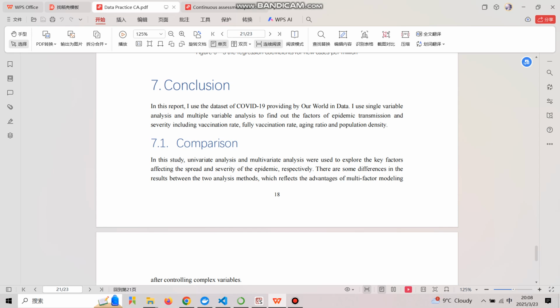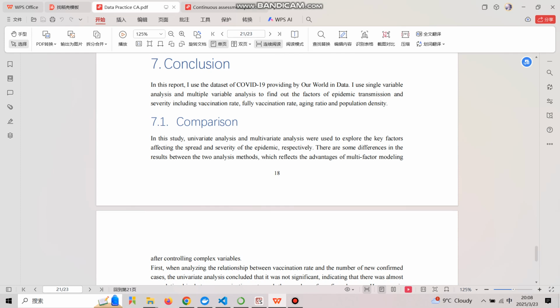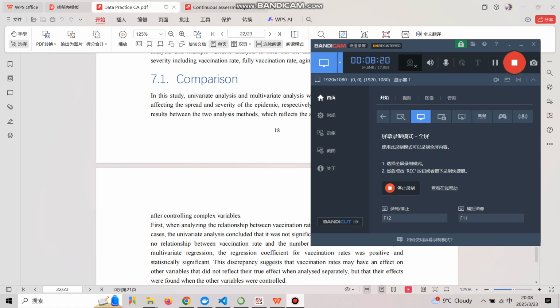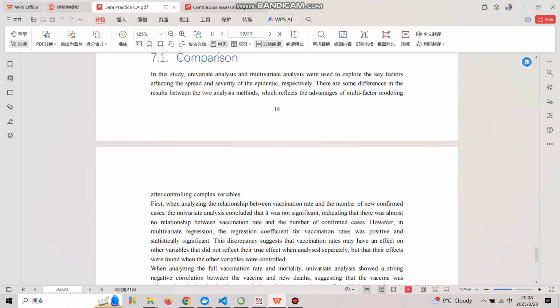It could reveal the true relationship between these variables, and the structure of the aging population should receive much attention in public medicine.